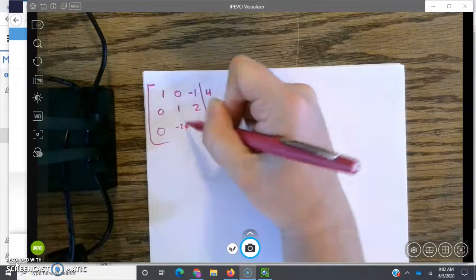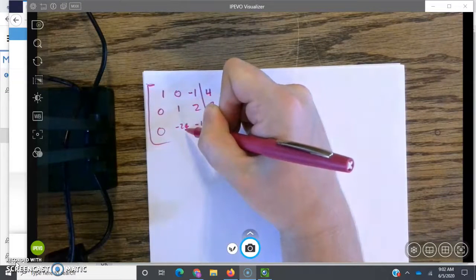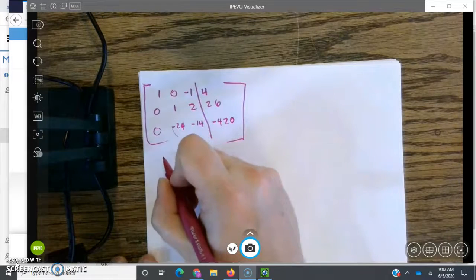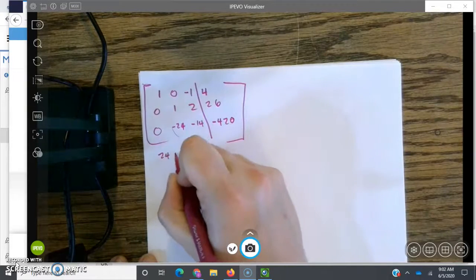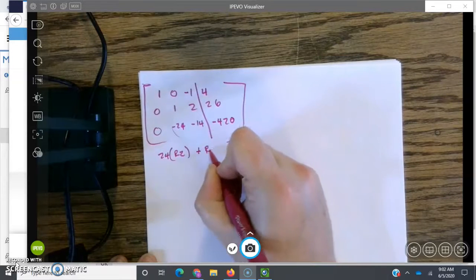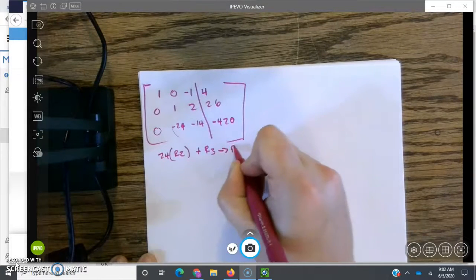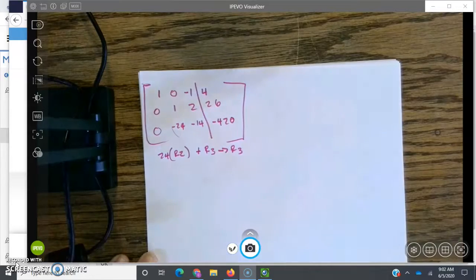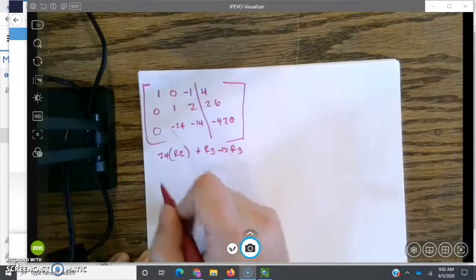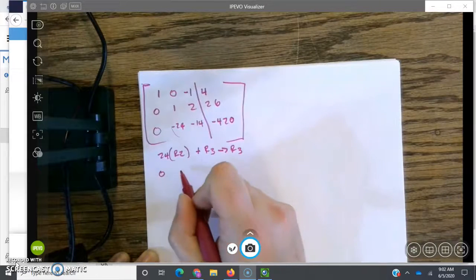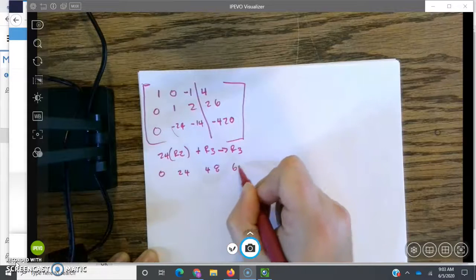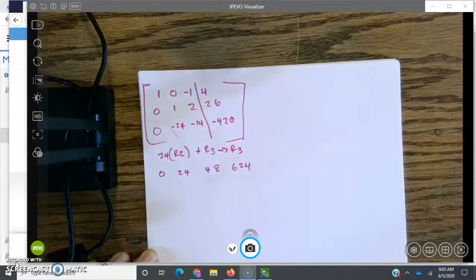We want a 0 below the 1 now. So to make the -24 into a 0, we've got to take 24 times row 2, add it to row 3, and put it in for row 3. So 24 row 2 is going to be 0, 24, 48, 624.